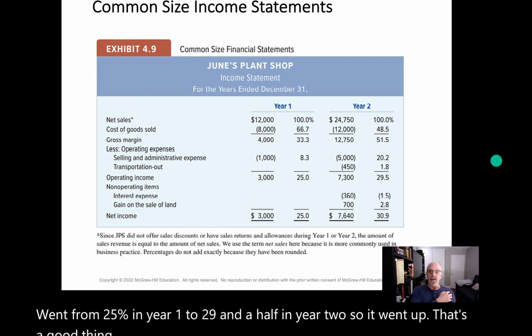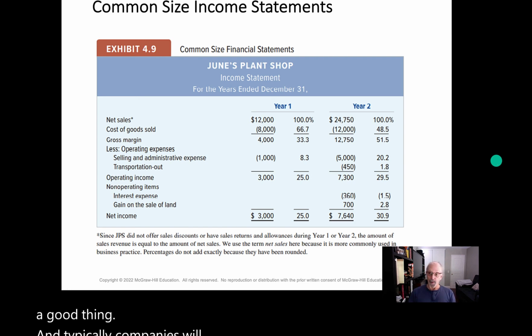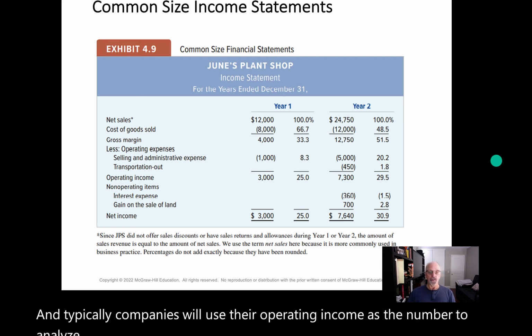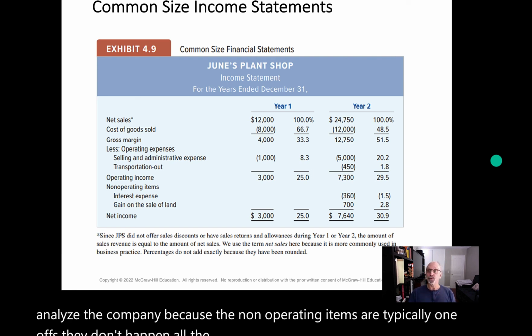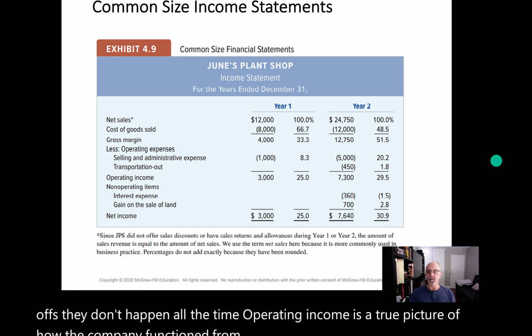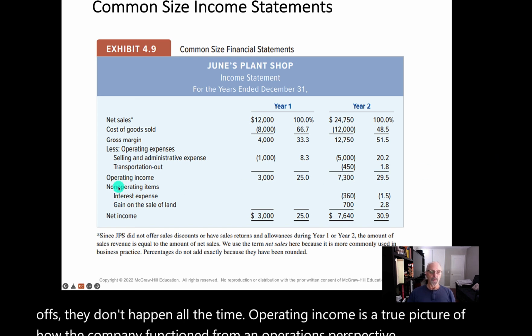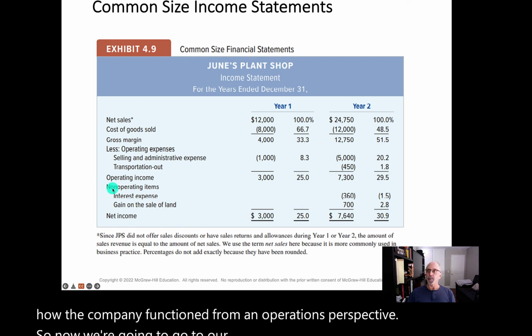And typically, companies will use their operating income as the number to analyze the company because the non-operating items are typically one-offs. They don't happen all the time. Operating income is a true picture of how the company functioned from an operations perspective. So now we're going to go to our new section, the non-operating items.